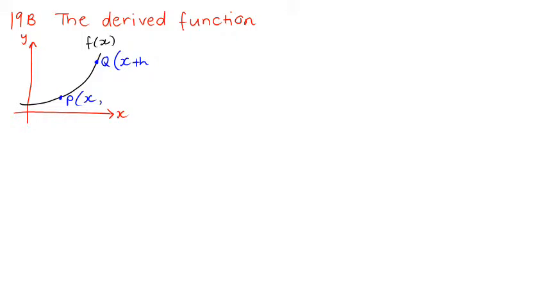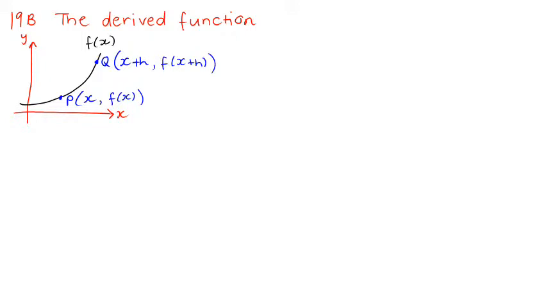So if our x-coordinate is x, that means our y-coordinate would be f of x. Same here, if our x-coordinate is x plus h, our y-coordinate would be f of x plus h. That means just subbing in the x value into the function to find the y value. That's just the general way it goes.